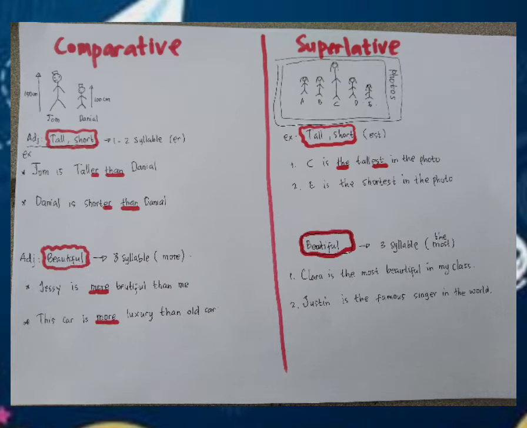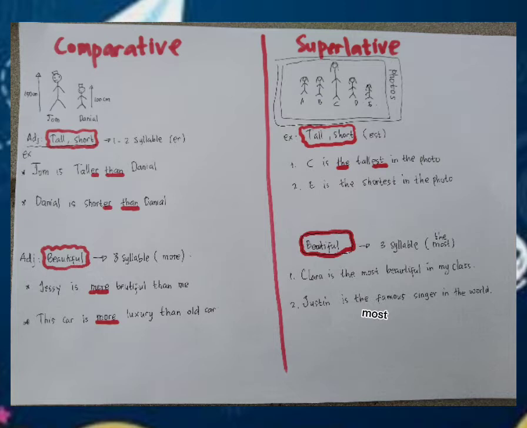Next, we continue with comparative and superlative. Now let's start with comparative. Please see the picture. Tom and Daniel. Tom is 150 centimeters and Daniel is 100 centimeters. So in the picture, Tom is tall and Daniel is short.